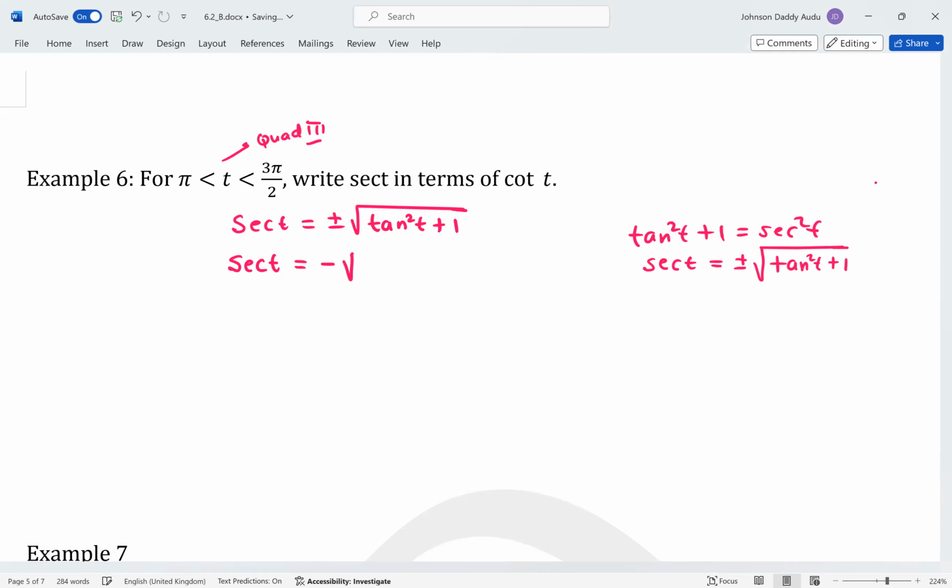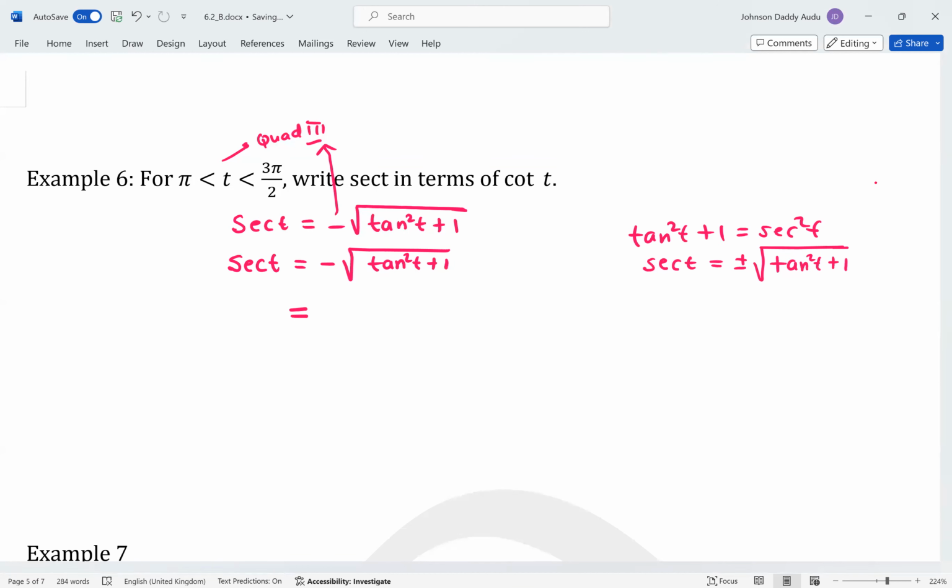So we are going to go with the negative, and this is because we're in quadrant number 3, where sec is negative, right?